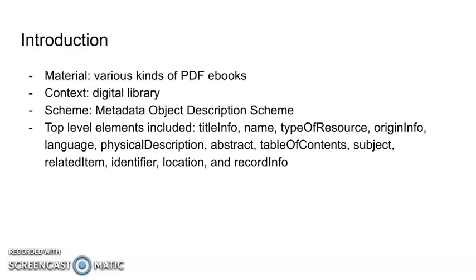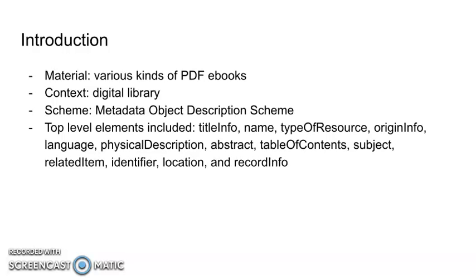Most of the following records contain the title info, name, type of resource, origin info, language, physical description, abstract, table of contents, subject, related item, identifier, location, and record info top-level elements if they are applicable and the relevant information is available.